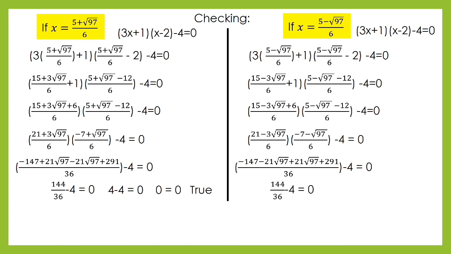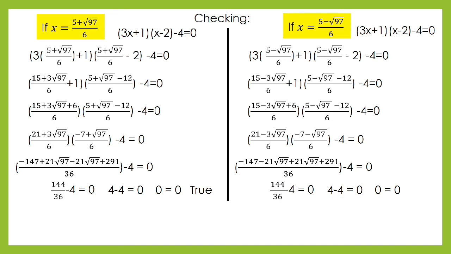Okay, si negative 21 square root of 97 and 21 square root of 97 is 0, cancelled out. So, all over 6 minus 4 equals 0. 144 over 36 is 4 minus 4 equals 0. 4 minus 4 is 0 equals 0.